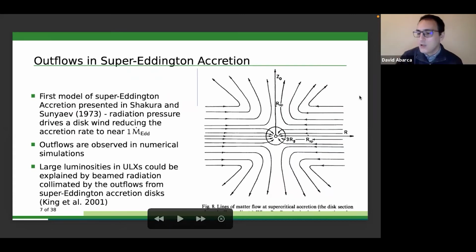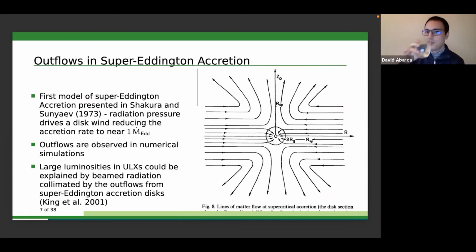Just a couple more words about super Eddington accretion. One of the first models of super Eddington accretion was in the Shakura and Sunyaev 1973 paper, but I think most people missed it because it's at the end. Basically what they say is that the extra radiation pressure should drive an outflow such that by the time the gas gets to the black hole, it's only accreting at 1 Eddington.